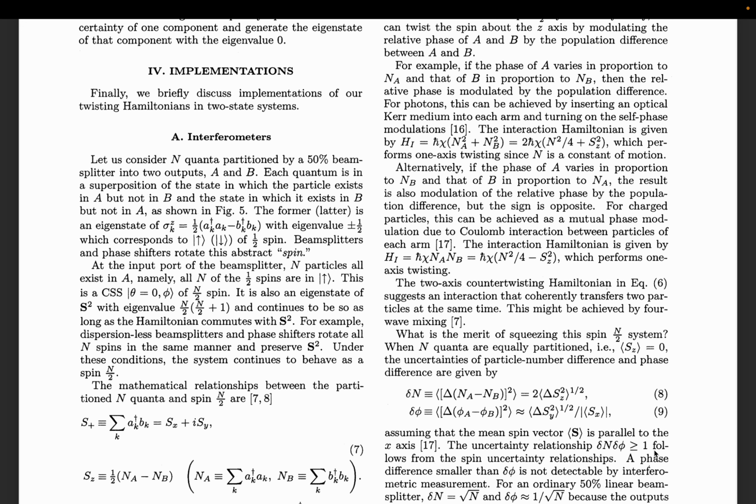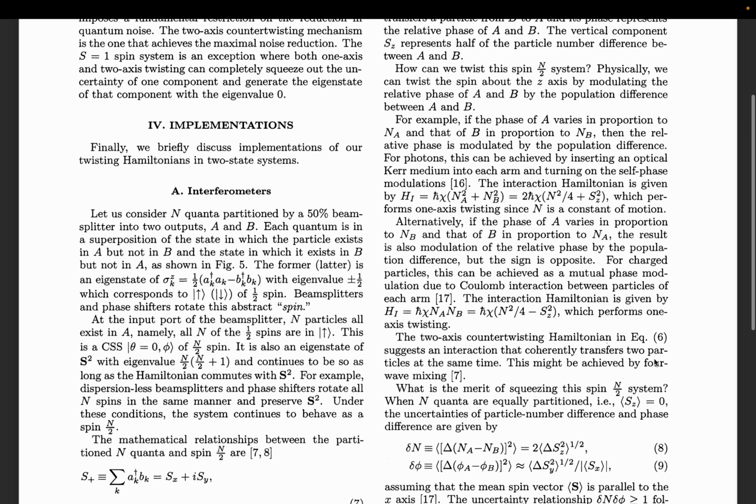So now how do we bring squeezing into this? How can we twist this spin n by 2 system? This can be done by bringing in a population difference between the outputs A and B. The interaction Hamiltonian is given here, which performs one-axis twisting.